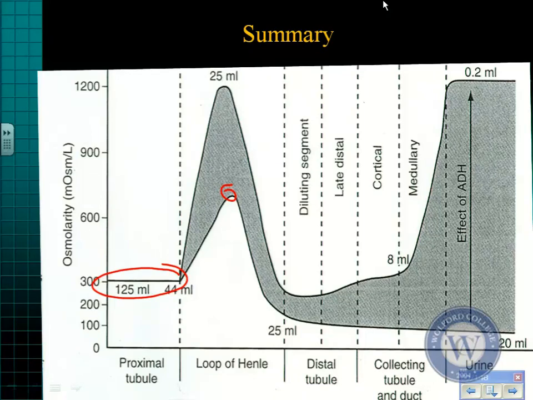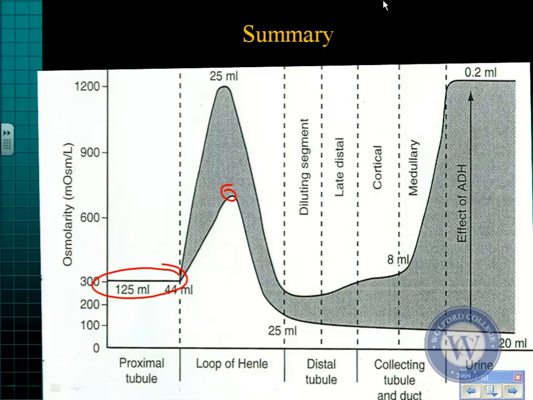So you end up having a very dilute urine, and because you have no ADH in the distal and collecting tubules, the urine comes out almost the same as when you hit the late distal tubule. Notice that the line doesn't change all that much. You still lose a little bit of sodium, but not that much. You pull sodium back in.